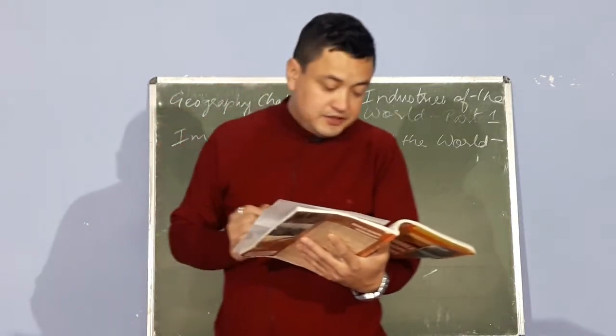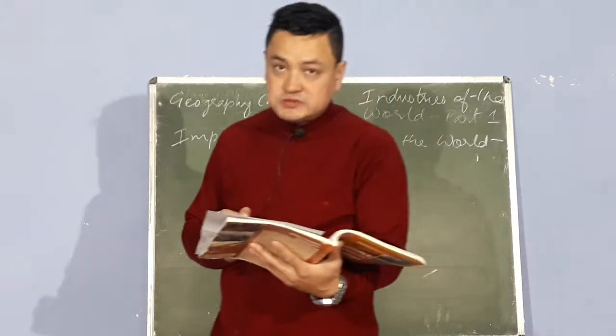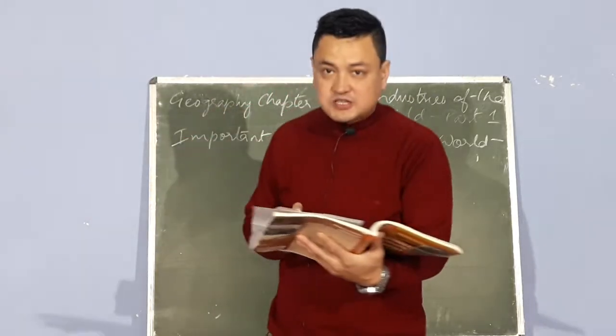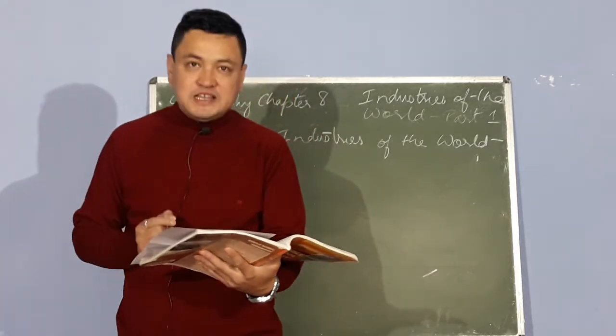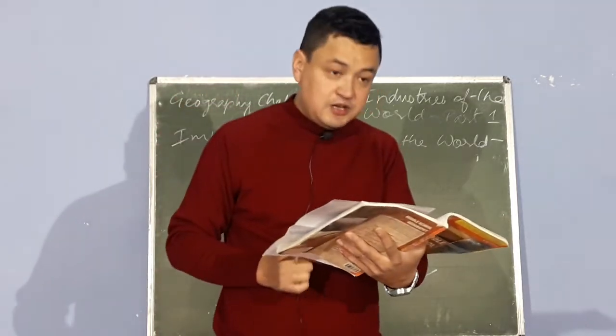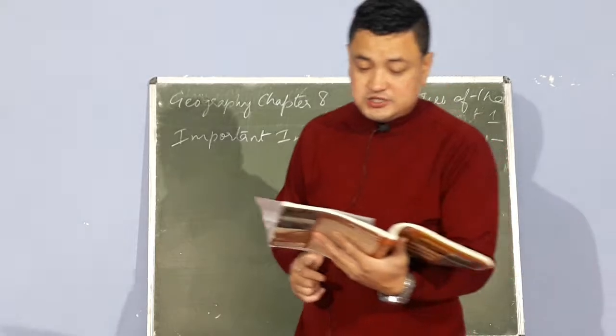There are also other industries which have evolved over time, like the sugarcane industry, or sugar industry, we call it, shipbuilding industry, as well as fishing industry that we'll learn in this chapter.